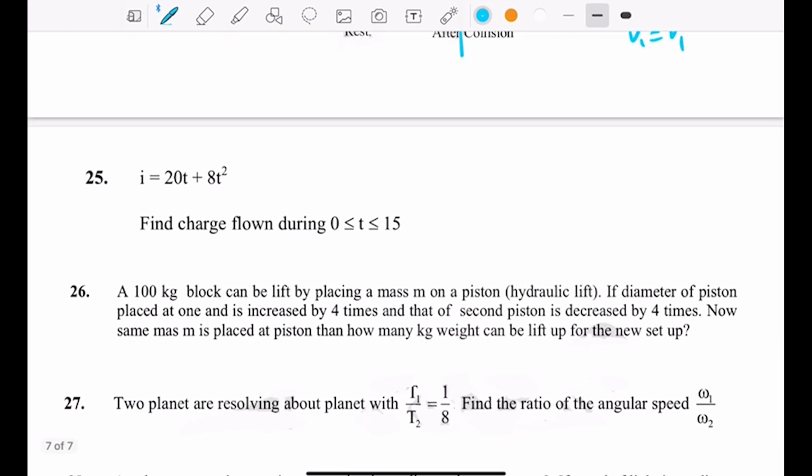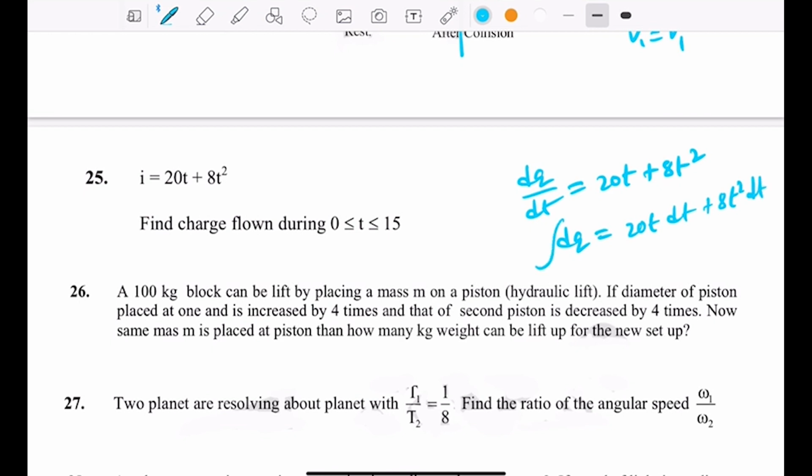Next, the 25th question. I can take dq by dt as 20t plus 8t square. From here dq equals 20t dt plus 8t square dt.